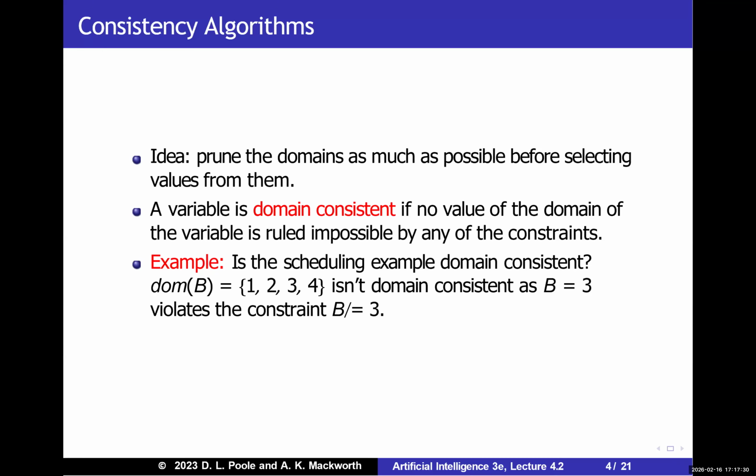And so in that sense, this shifts reasoning from reactive to preventive. We shrink the problem before solving it, and that often makes the remaining search much easier. So the idea, basically in summary, is to prune the domains as much as possible before selecting values from them.